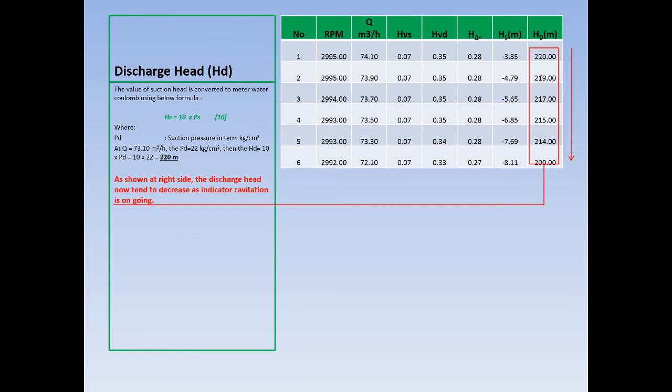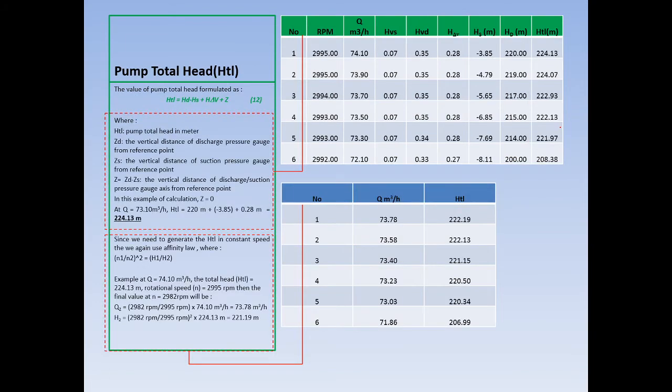And this is the discharge head at that specific flow capacity, 73.35 meter cubed per hour. Then we calculate the pump total head based on this formulation. You can also calculate that based on the formulation in the previous video on the pump performance test, and then you get this table.